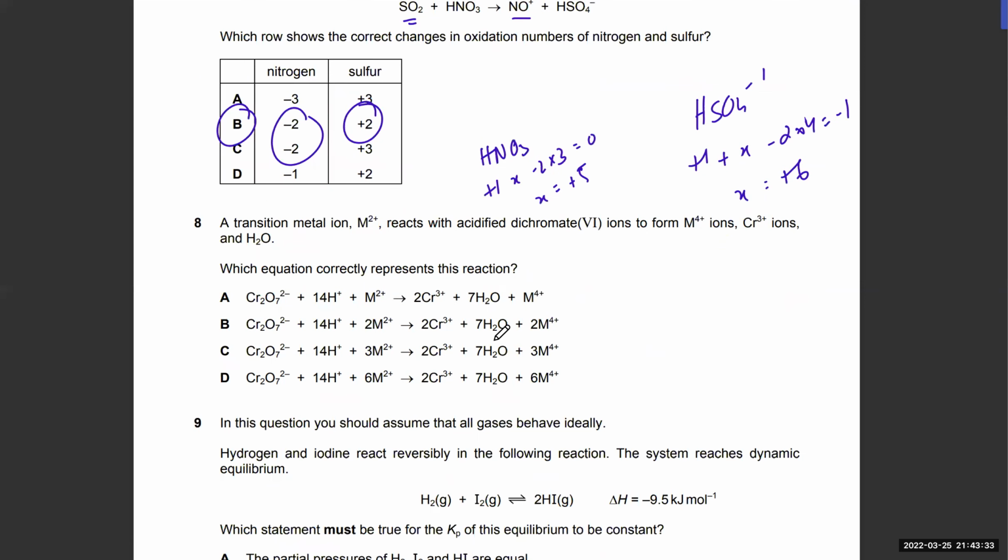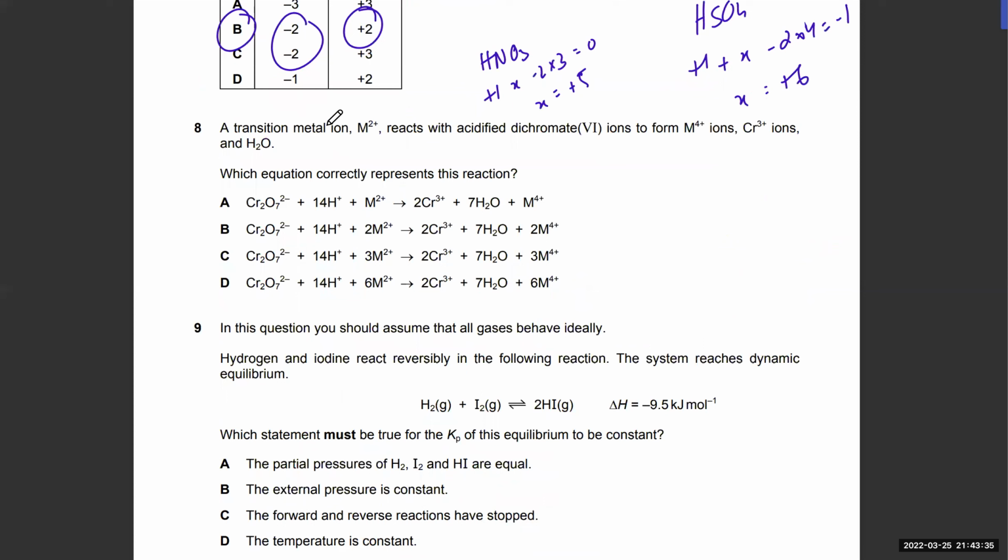Next one. A transition metal ion M2+ reacts with this thing and H2O. Which equation correctly represents this reaction? So whenever you have a redox reaction, electrons gained and electrons lost must be equal. They have to be equal. So I'm just going to figure out which one is the correctly balanced equation. The first thing is the number of electrons lost and gained, they must be equal.